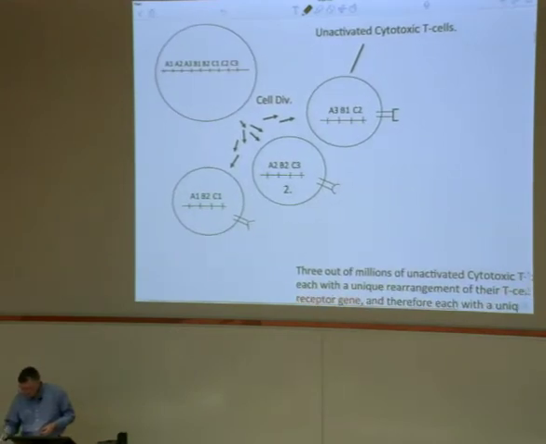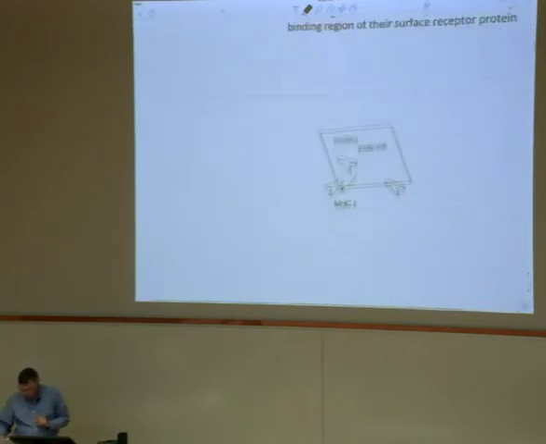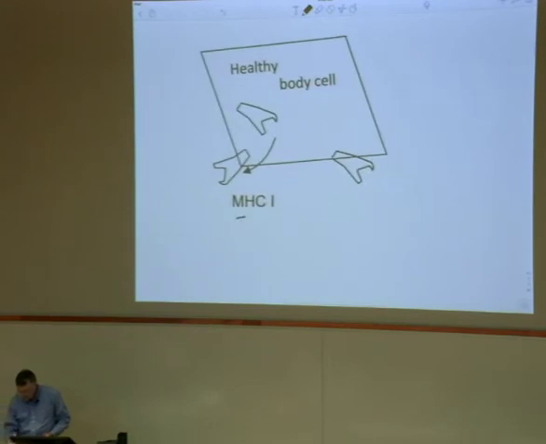Here we have these unactivated cytotoxic T cells that differ in their binding regions because the sequences for those tips are different, and you've got millions or billions of these. What might they bind to? Those receptors match MHC class 1. MHC class 1 is another highly variable molecule, and all healthy body cells produce it.